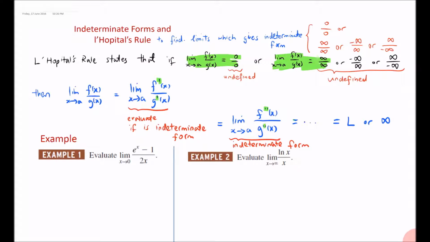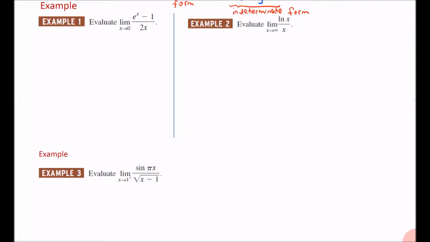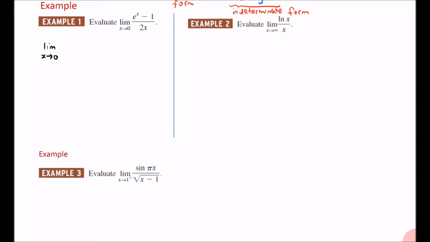I will illustrate an example to show how it really works. So we have example 1 in your slide. It's actually pretty simple. First we write down the question: the limit as x approaches 0 of e^x minus 1 over 2x.